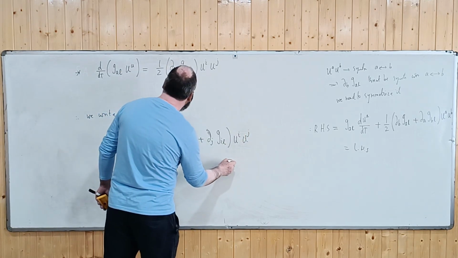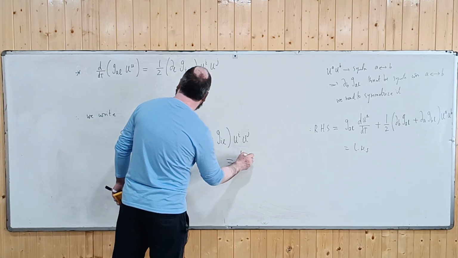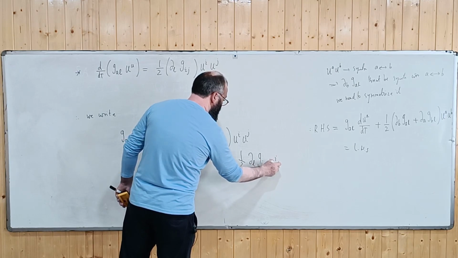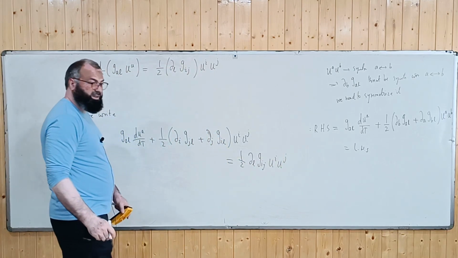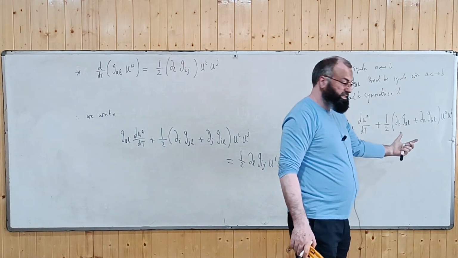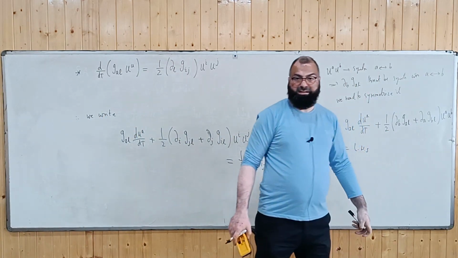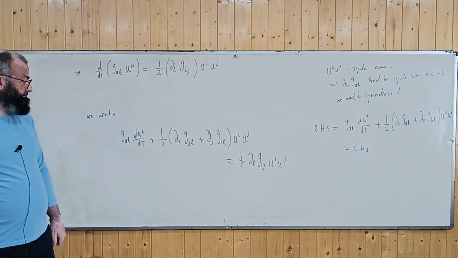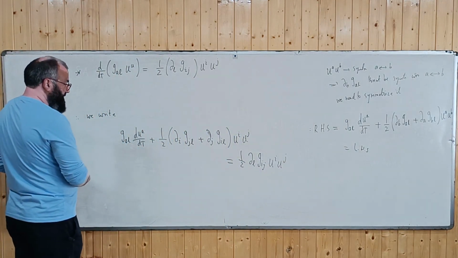So this is equal to half of ∂_L g_IJ u^I u^J. Just I have replaced A and B by I and J. So this term is the same as this. There is no problem. Clear? Okay, so now we can write it.